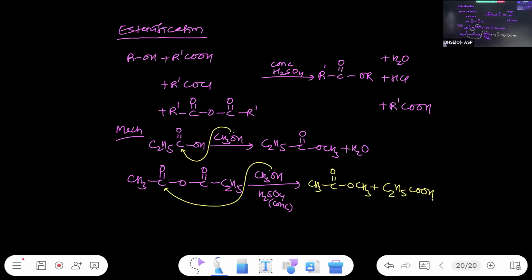Similarly, phenol can also react with carboxylic acid and its derivatives, which are acid halide and anhydride. Phenol reacts with.